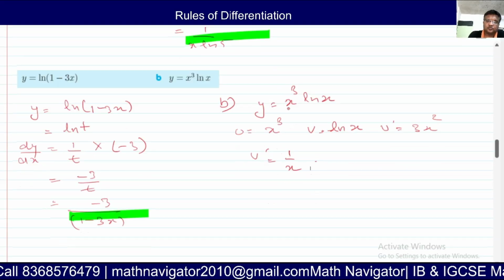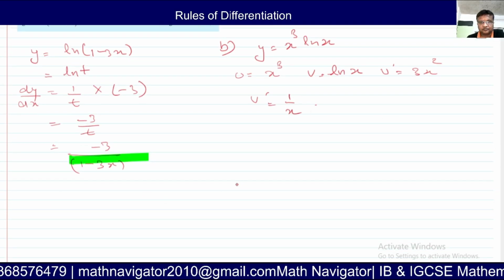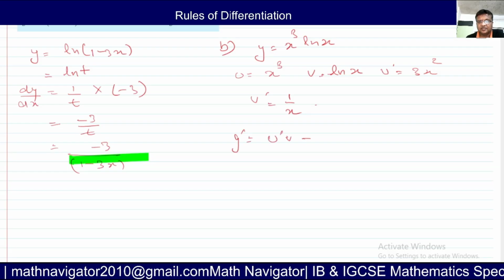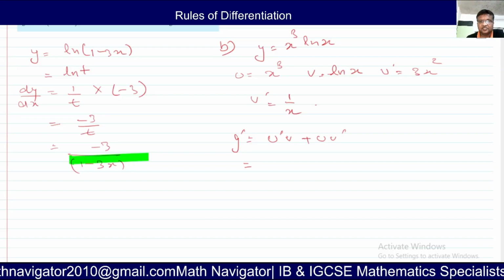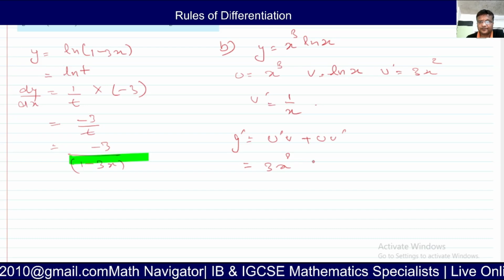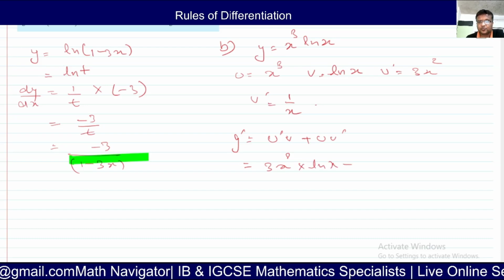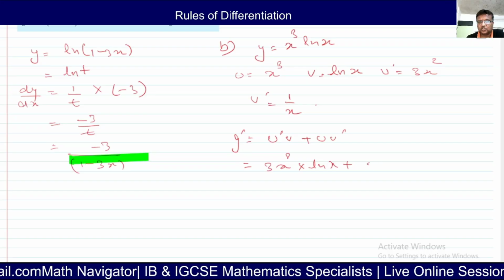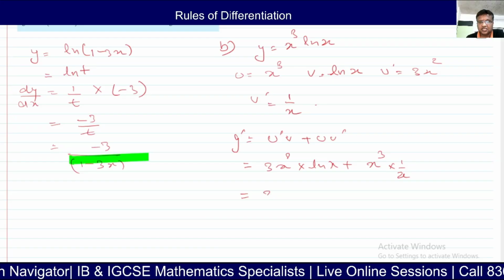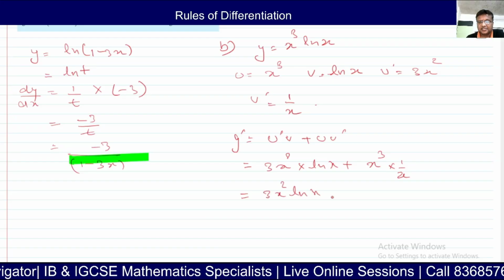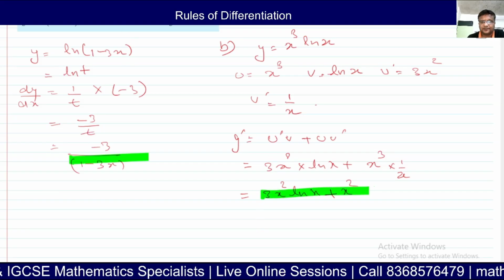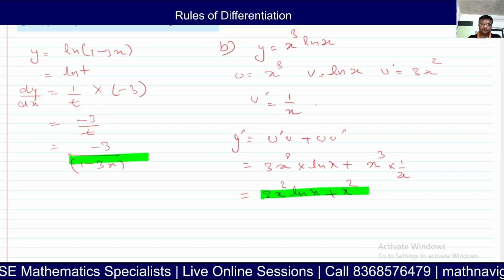Then you simply need to put it into the formula. y derivative is u derivative v plus u v derivative, which is 3x squared times ln x plus x cubed times 1 by x, so 3x squared ln x plus x squared is my answer. Perfect. You got it, right?